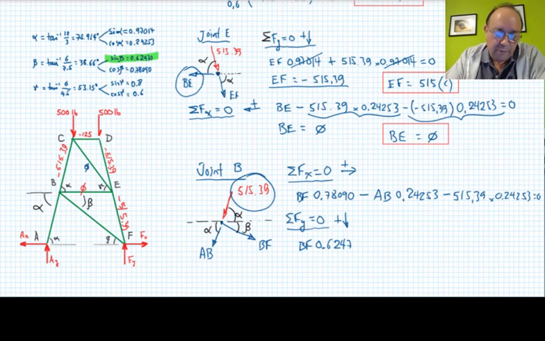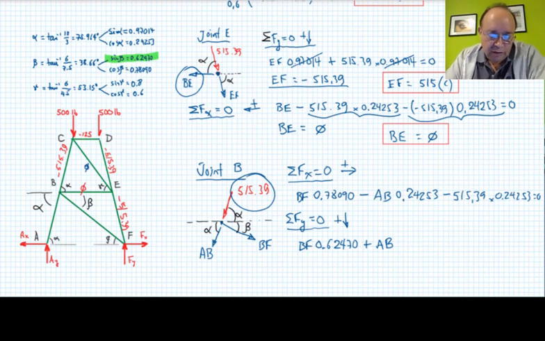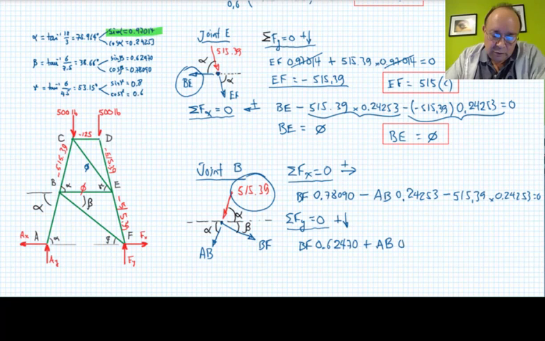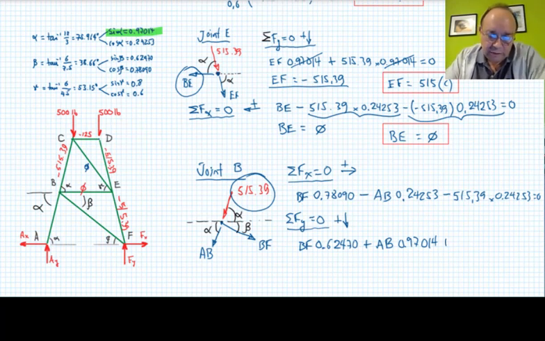0.62470 plus AB sine alpha is right here, 0.97014, plus the red force 515.39.